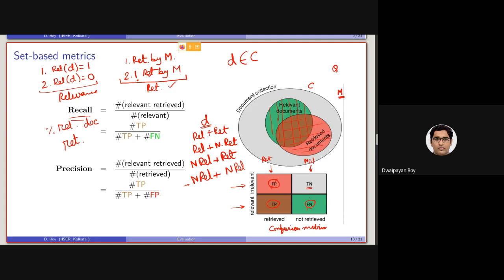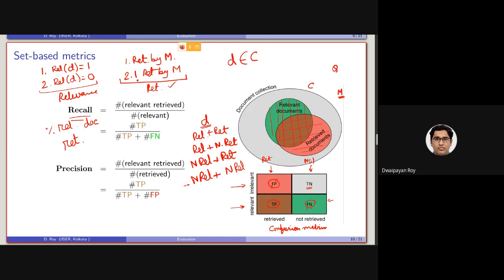This is basically the total number of relevant documents, right? So it will be coming into the denominator: number of TP plus number of FN. So the number of documents in the true positive set plus the number of documents in the false negative set. And in the numerator, I hope you can understand, it will be the number of relevant documents retrieved.